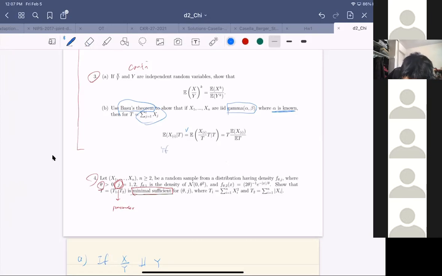So if the small si are independent of t, then this is equal to, it's independent of t.